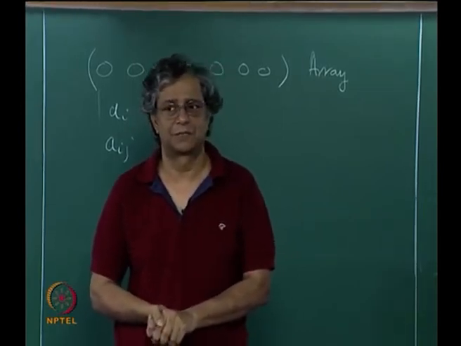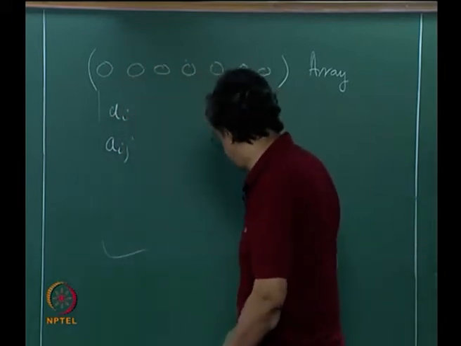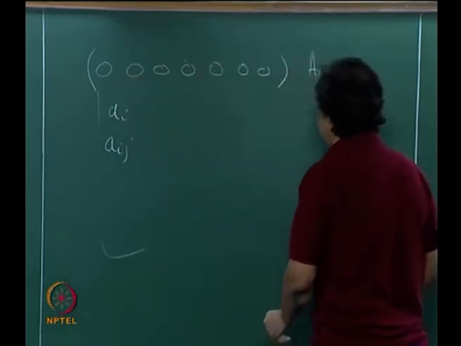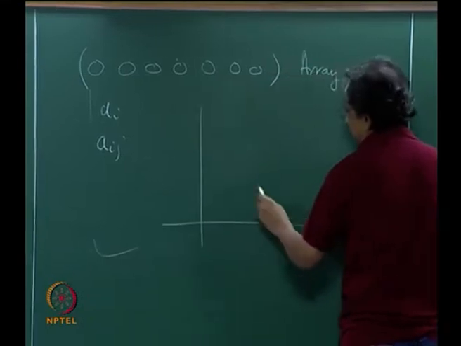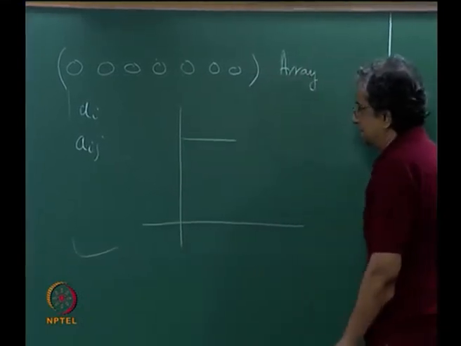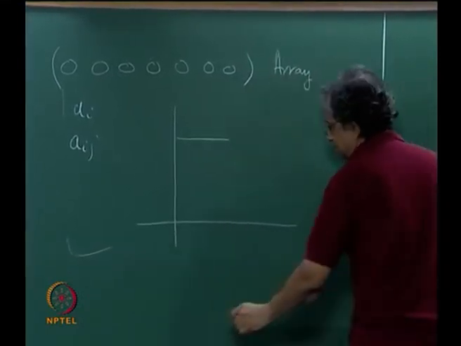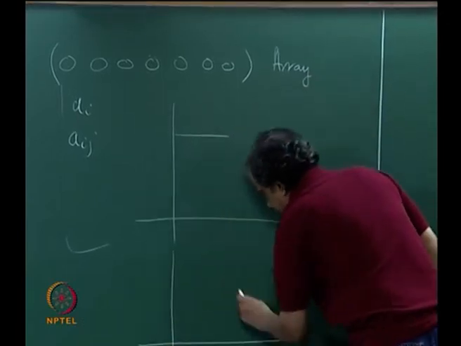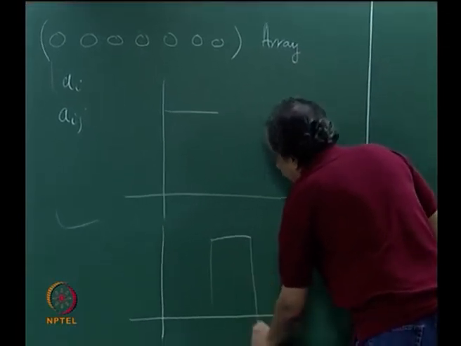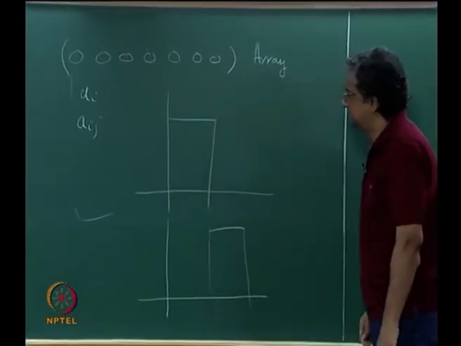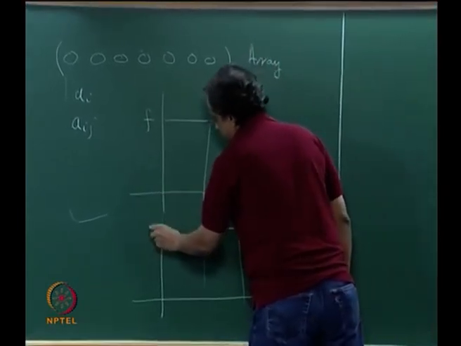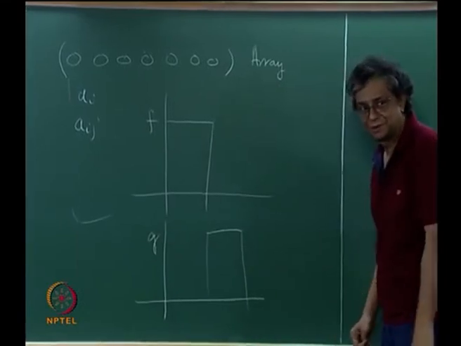So what we did was we constructed box functions, and this was the first thing that we did. The box functions were of two kinds. We constructed box functions f and g. I am not going to do all the details, as I said, it is a quick recollection, right.